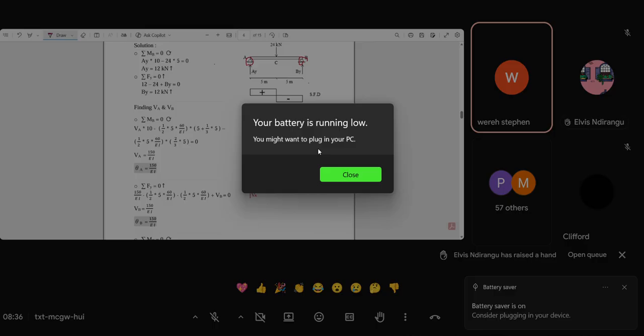If you take the moment at point A, you find VB times the distance from A to B, which is 10, minus this loading.